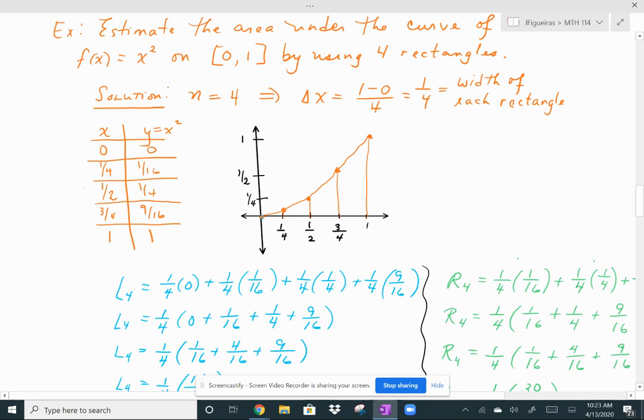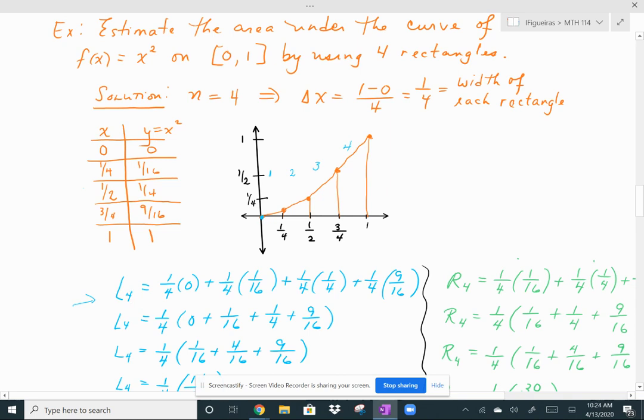This first one here is rectangle 1, this is rectangle 2, this is rectangle 3, and this is rectangle 4. If I start with the left-hand endpoints, and I'll do these in blue right here, this is the notation: left-hand endpoints is the L, with 4 rectangles as the subscript, L sub 4.